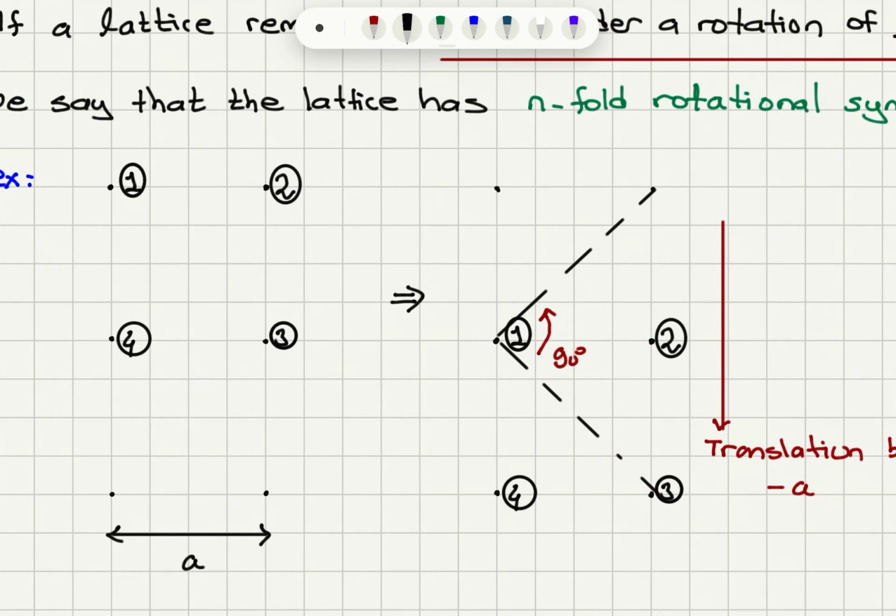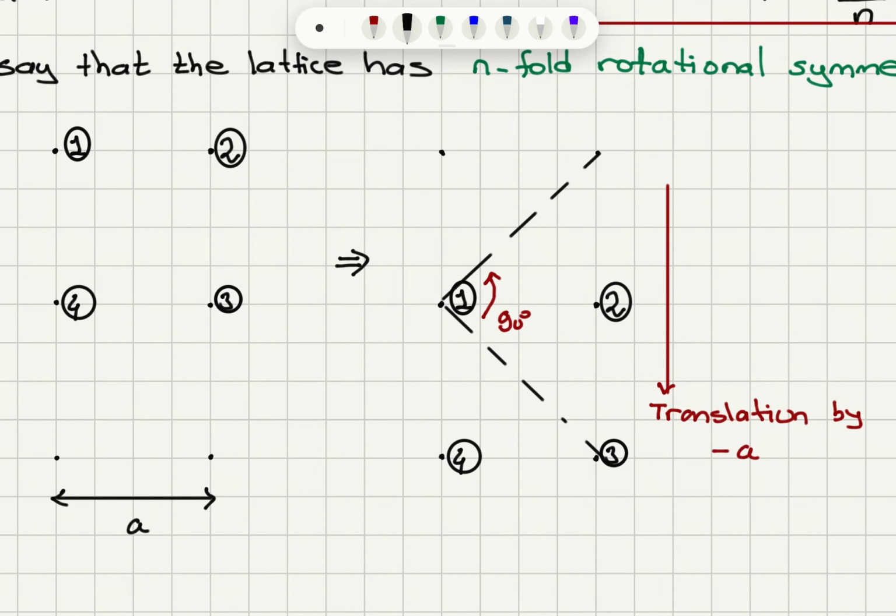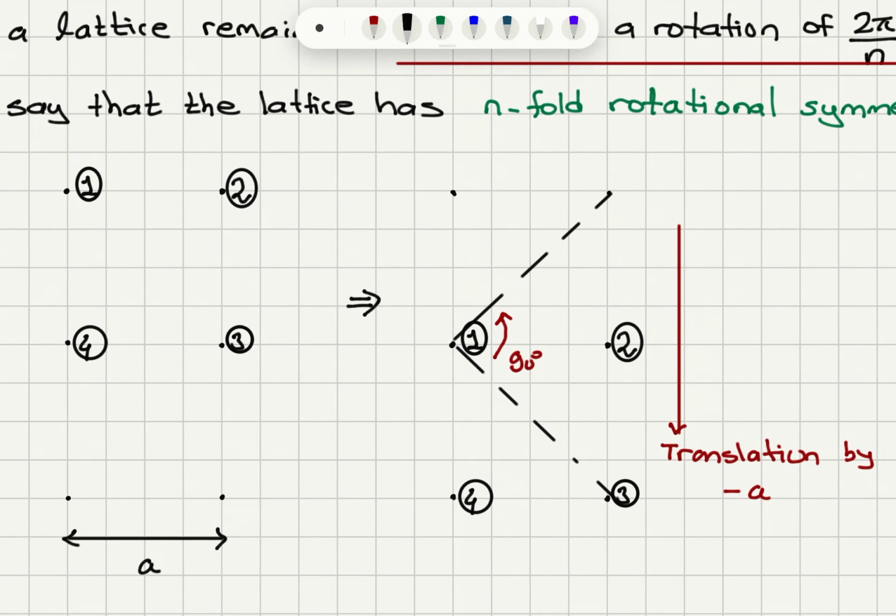So here is a square lattice. I have labeled points 1, 2, 3, 4. The lattice constant is a. If I rotate this by 90 degrees about point 1, after a translation, first I translate these points with a vector minus a j hat, if you wish, we call this the y-axis. So minus a j hat would be the translation.